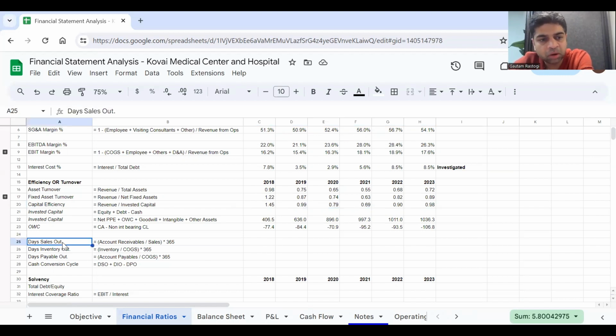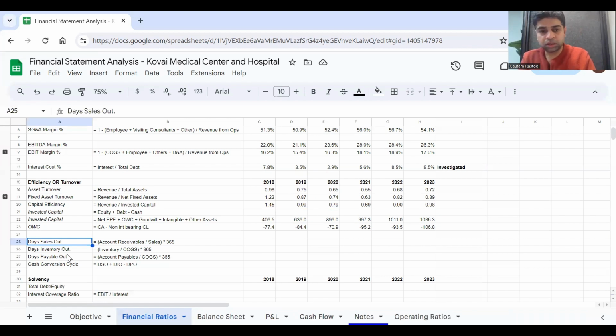All right, okay. So now let's talk about some of the other working capital metrics like DSO, DIO, and DPO. Days sales outstanding is the number of days the company takes to convert its credit sales into cash. Basically, how many days it takes for the company to receive cash payment from the customers.